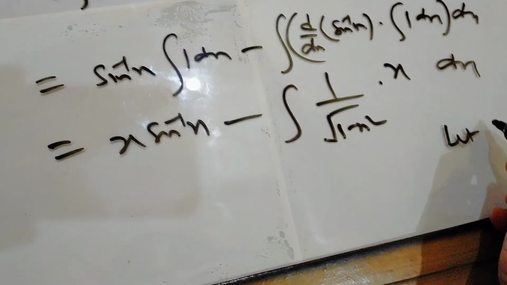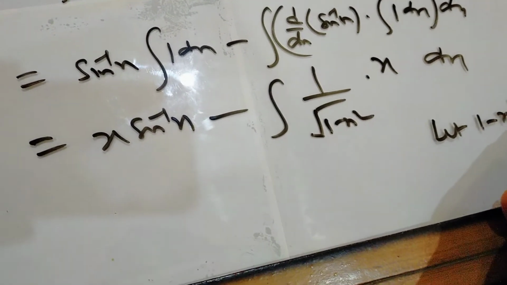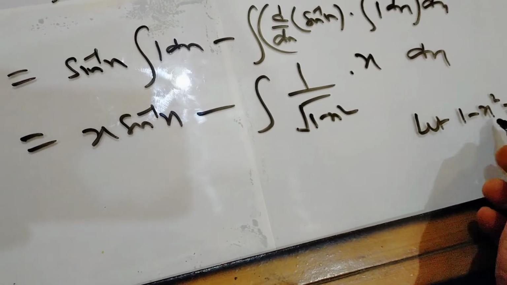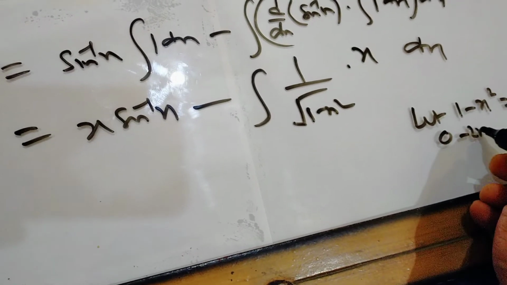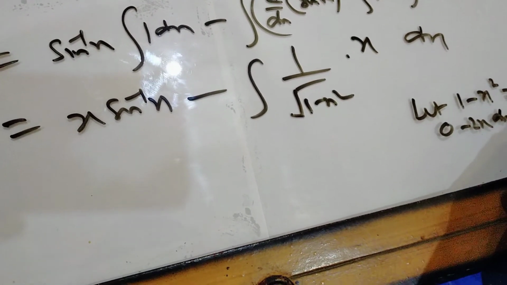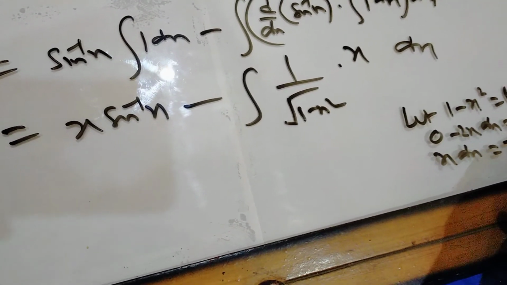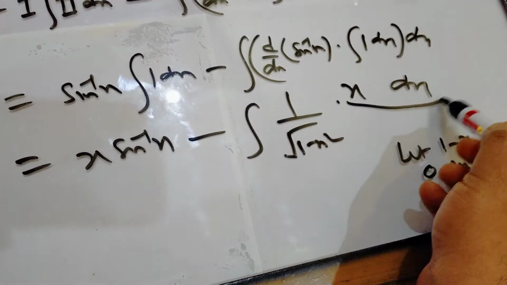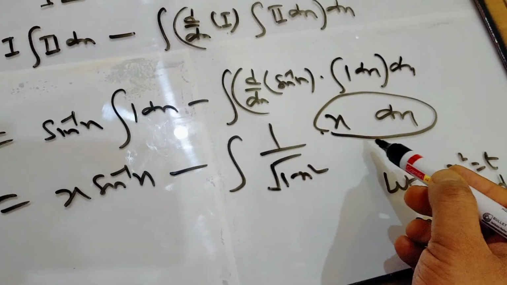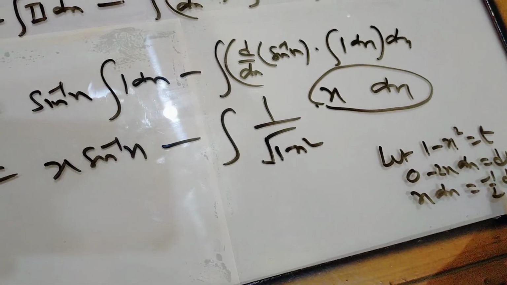Let 1 minus x square be equal to t. Differentiating both sides, 0 minus 2x dx is equal to dt. So x dx we can write as minus half dt. In place of x dx we are going to write minus half dt.